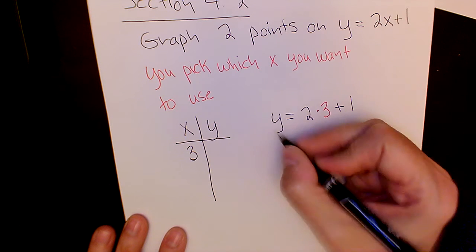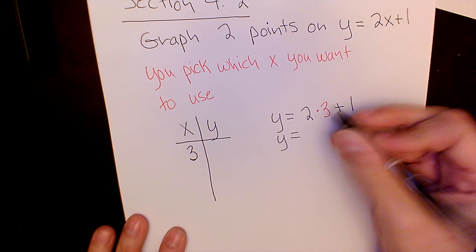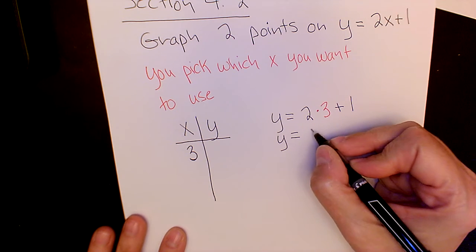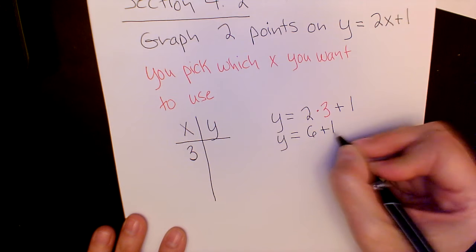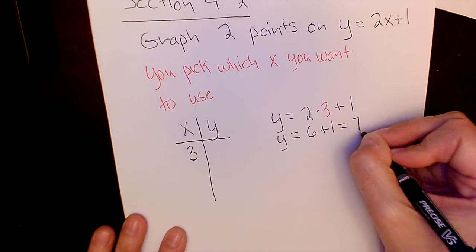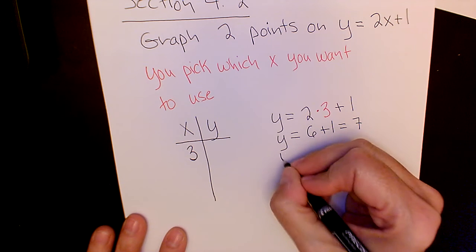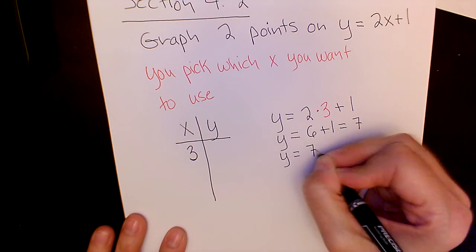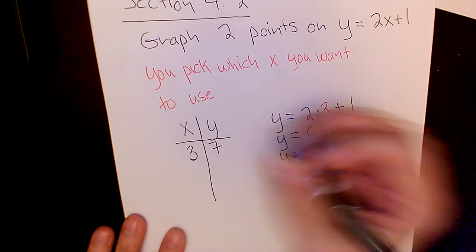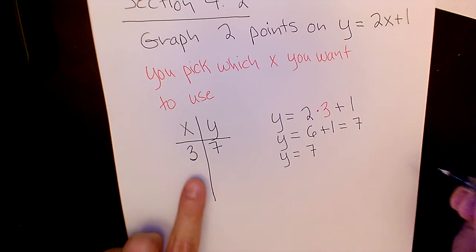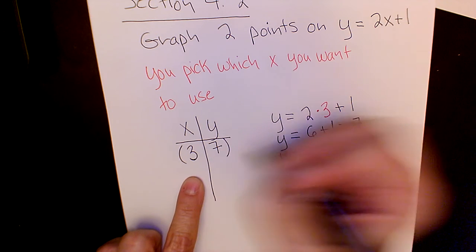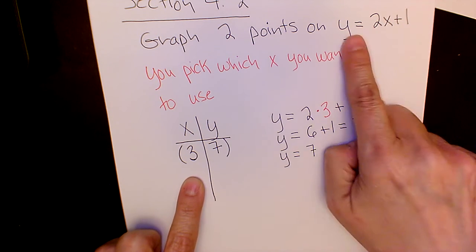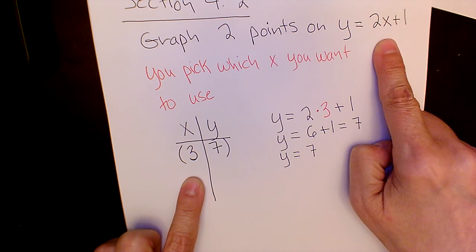Plus 1, and we'll see what y is. So this is 2 times 3 is 6 plus 1. So y is 7. So here's 3, 7. Here's 1 point that works or satisfies that equation.